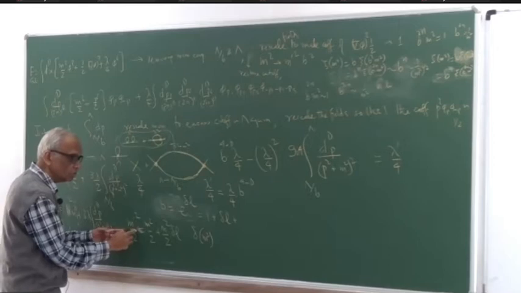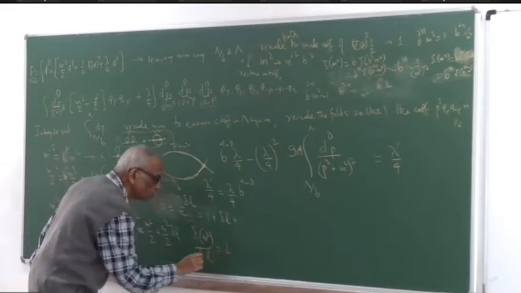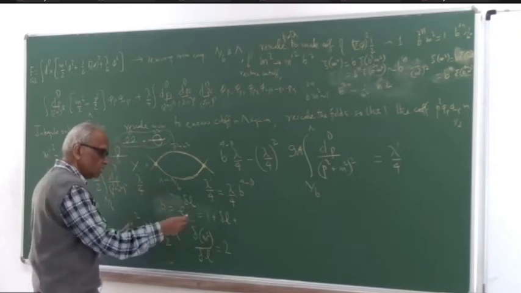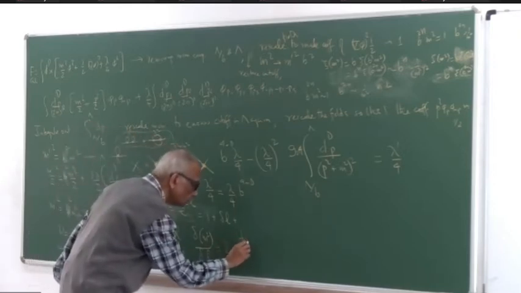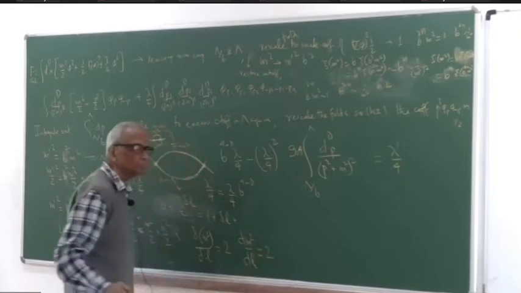Taking delta L to the other side, in the limit delta L tending to 0, d M squared by d L is equal to 2.